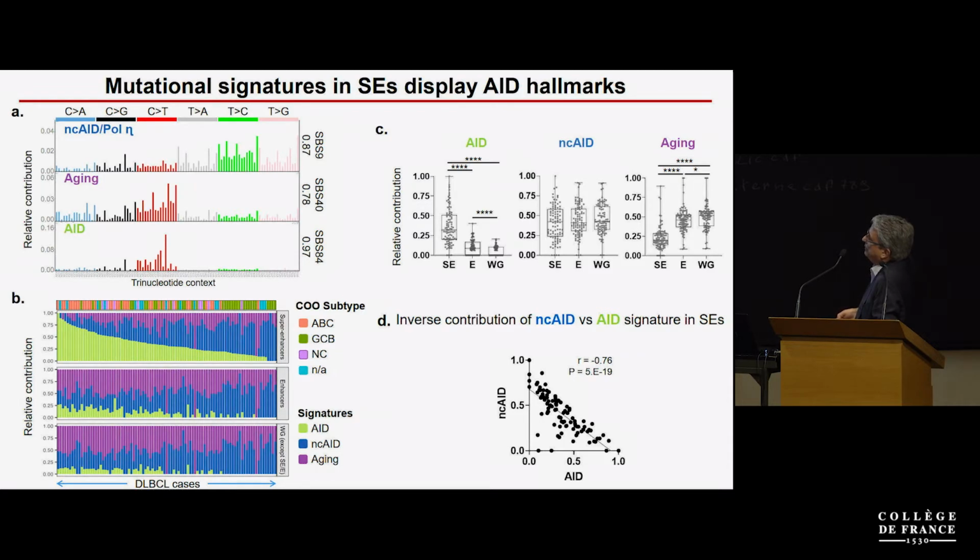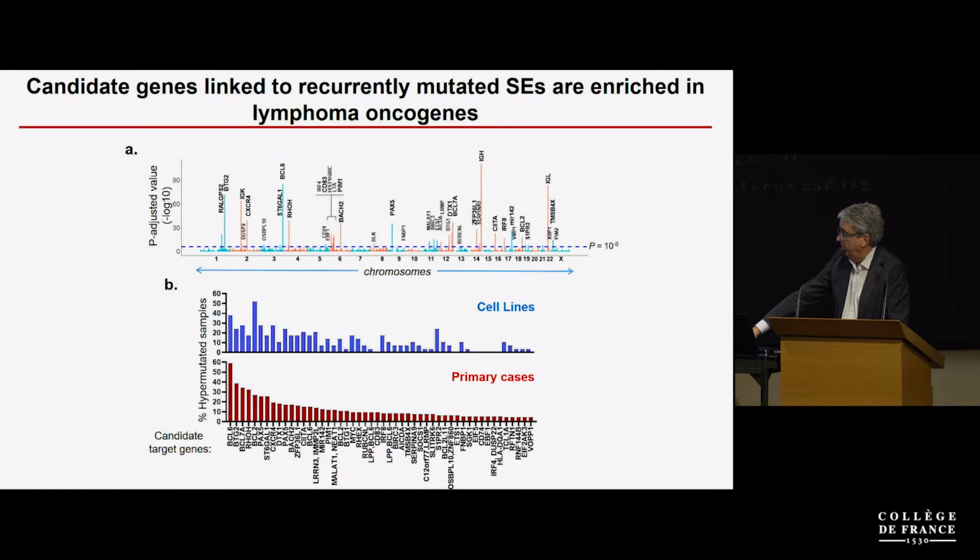Either you have the classic one or the non-classic one in different cases. There's an inverse relationship between the two signatures along cases. So it's clearly the same enzymatic mechanism determining hypermutation in immunoglobulin genes, again, for reasons that we don't know, misfiring to a number of other regions, particularly superenhancers.